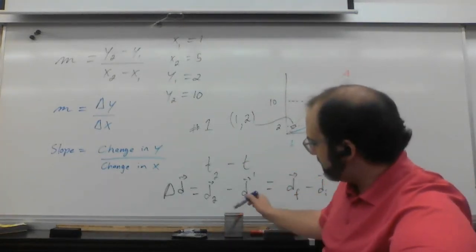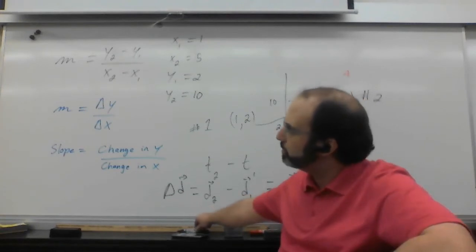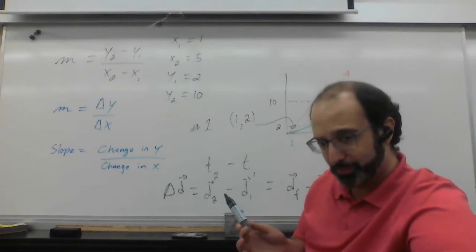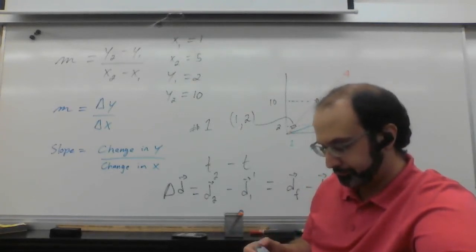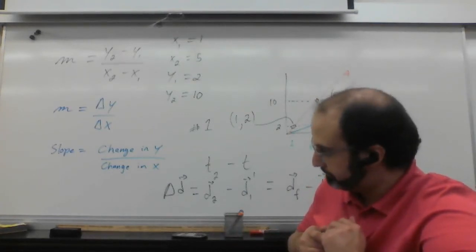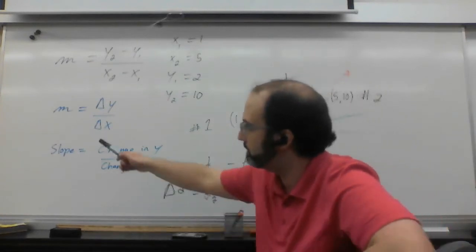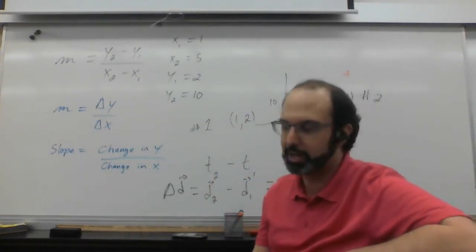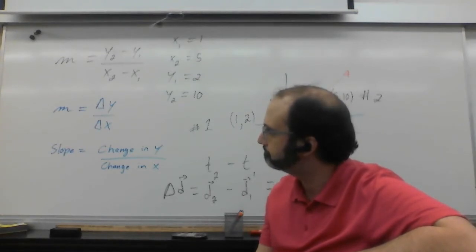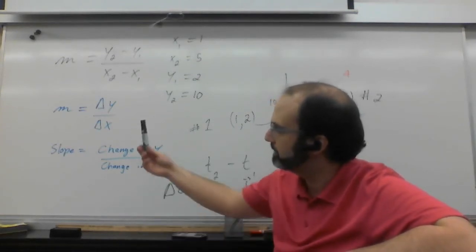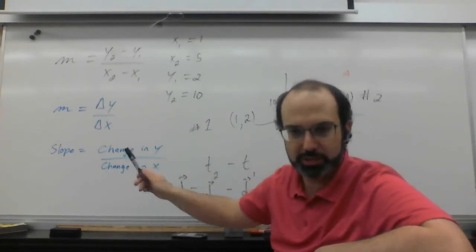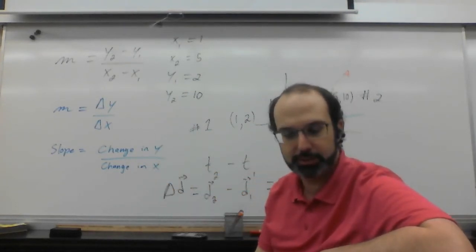When you guys were in grade 7, we taught you the equation in black ink at the top there because you guys weren't ready to learn Greek. Sorry. But the blue equation here is what is actually used in your everyday. Because that blue equation is literally the definition of slope. It means the same thing.